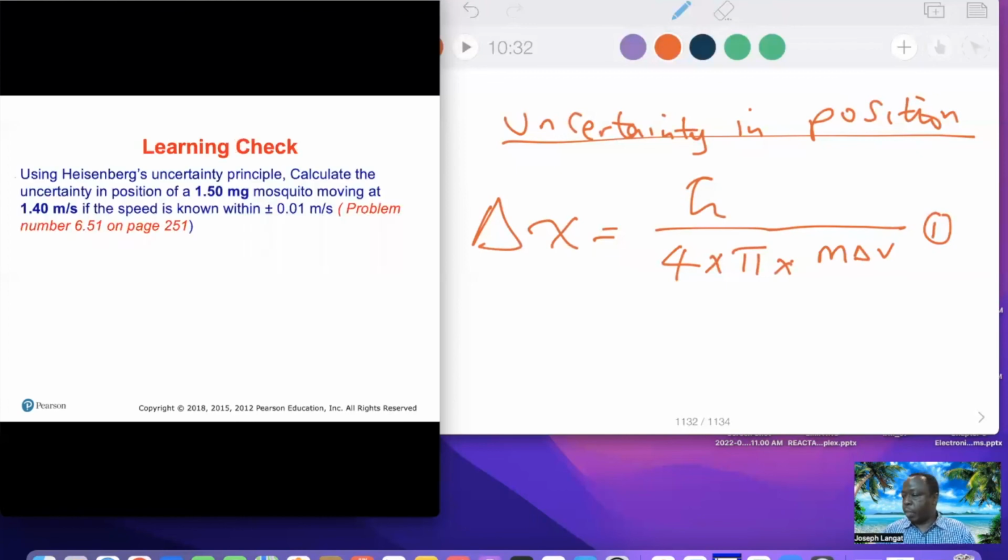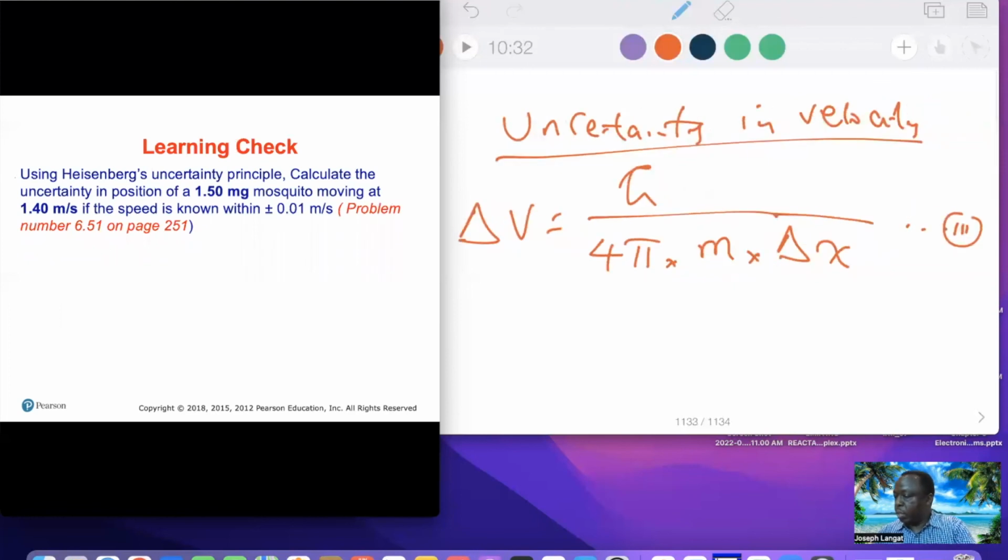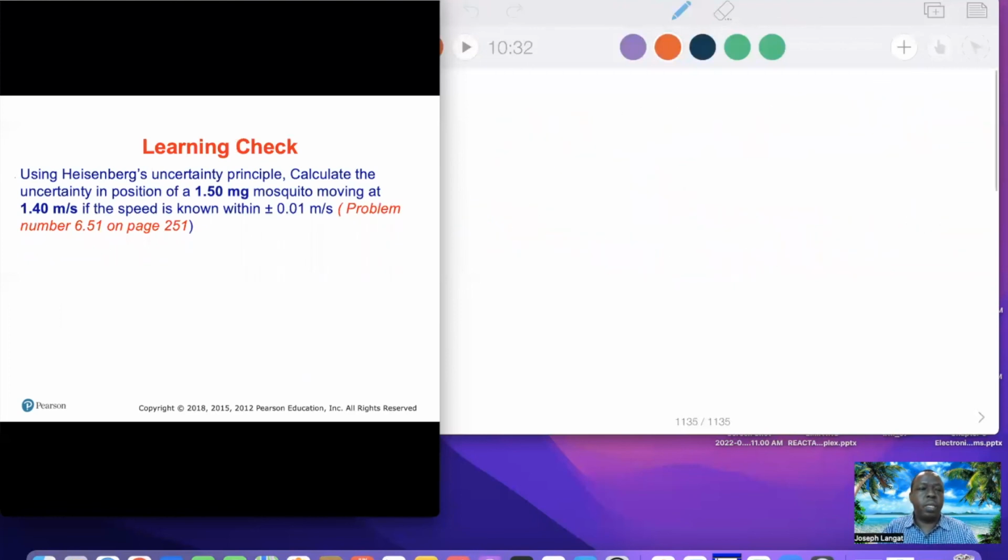Here is an example of how you can be tested on the Heisenberg uncertainty principle. Using the principle, calculate the uncertainty in position of a 1.50 milligram mosquito moving at 1.40 meters per second if the speed is unknown, plus or minus 0.1 meter per second.